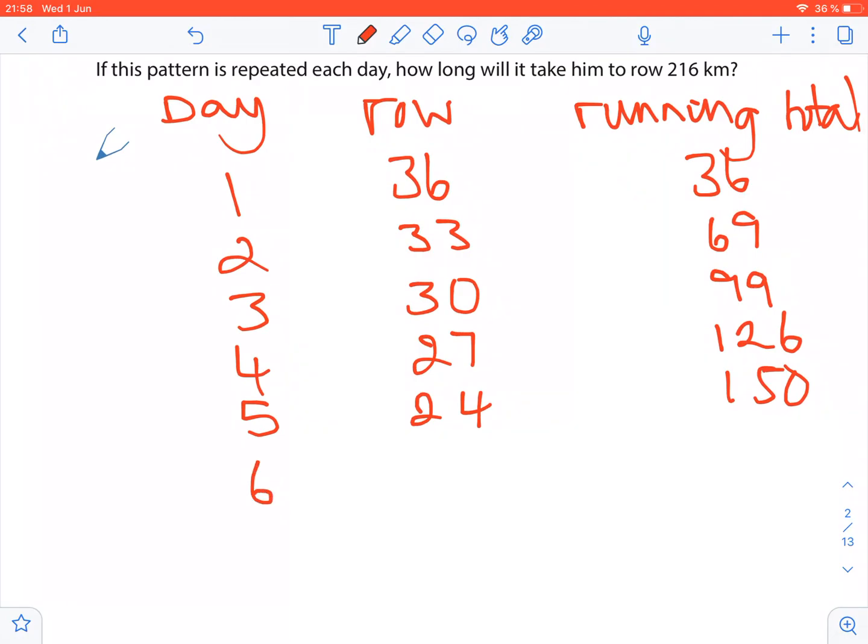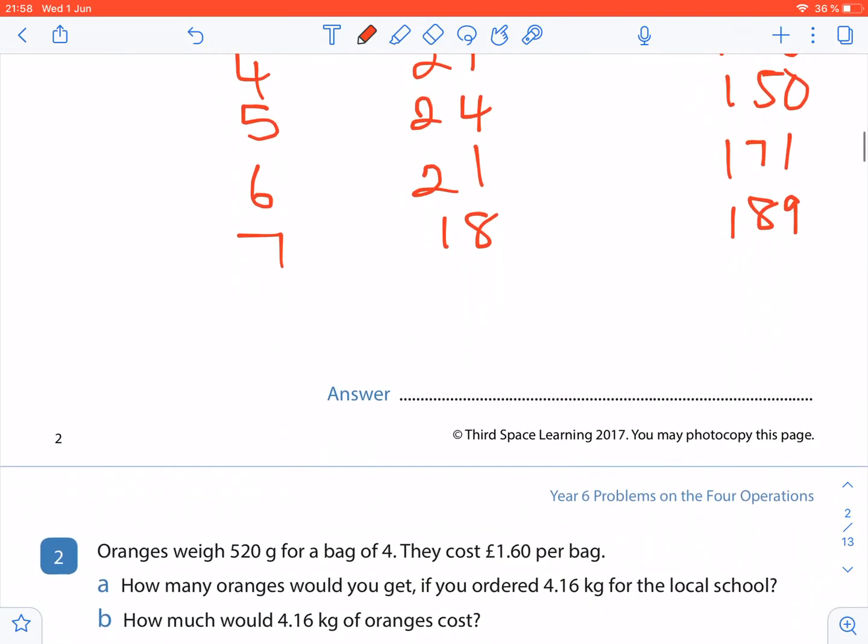Day 6, 21, that gives 171. Day 7 is 18, so that gives 189. Day 8 is 15, so that gives 204.